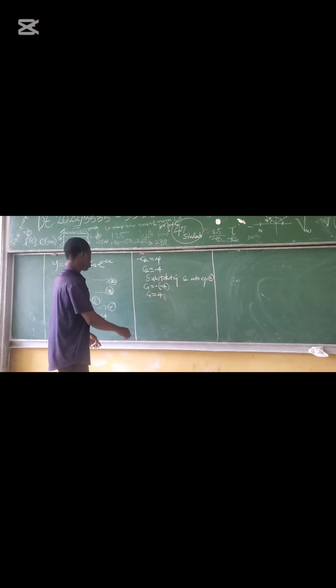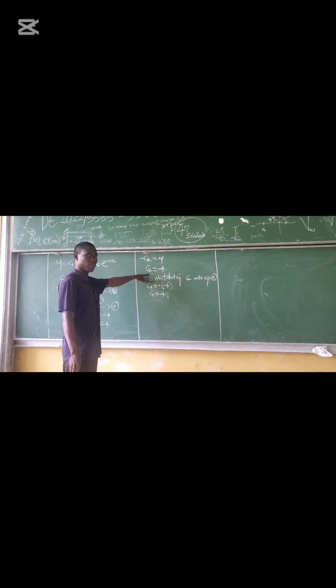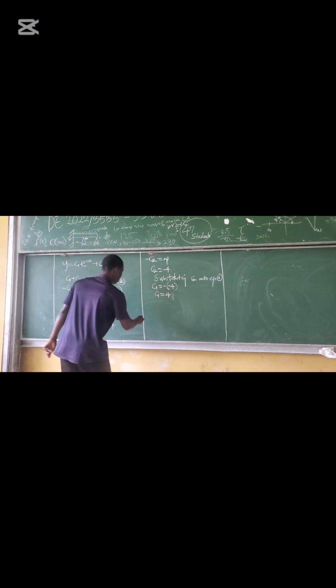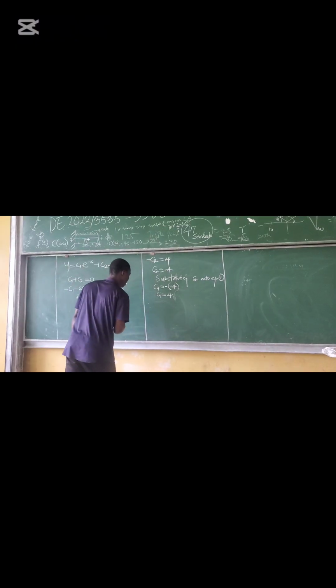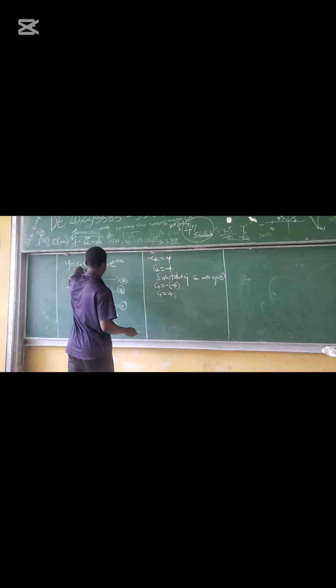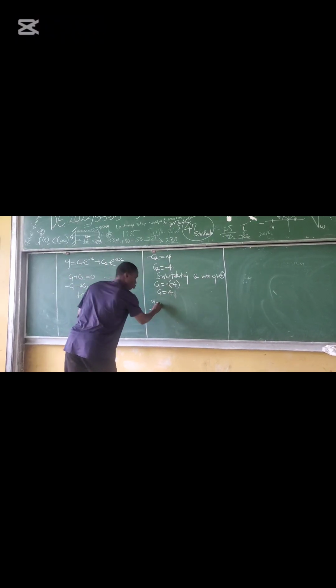So I'm going to substitute the value of C1 and then the value of C2 into the auxiliary equation to get my particular solution. All right, so from the auxiliary equation, I have this. I will just substitute the value of C1 and then C2. So y becomes equal to, the value of C1 here is 4.